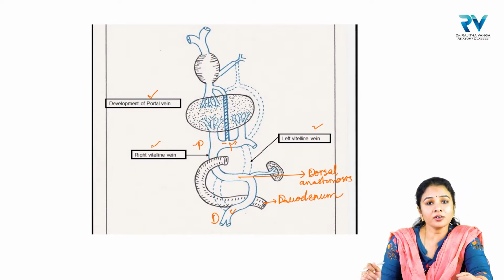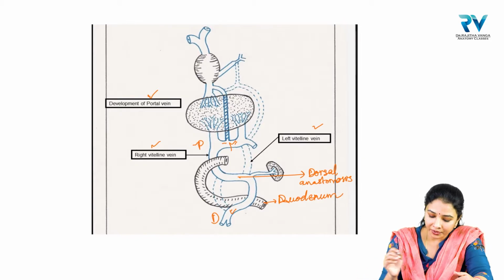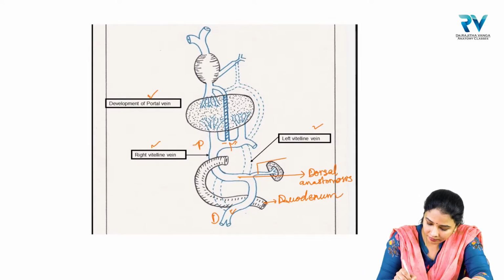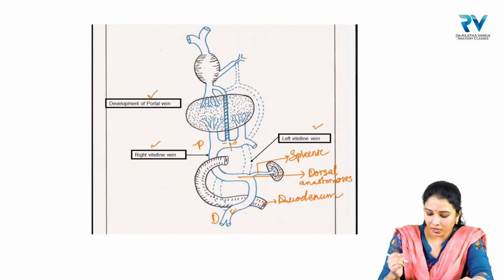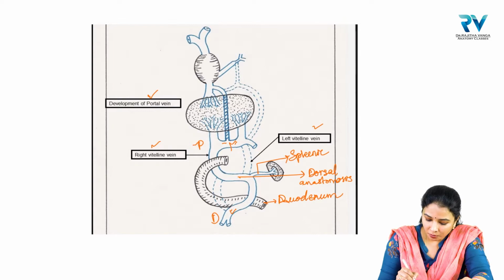So let's see the portal vein. Which veins contribute to the formation of portal vein? Portal vein is formed by joining two tributaries. So here is the splenic vein. Splenic vein joins with the superior mesenteric vein.